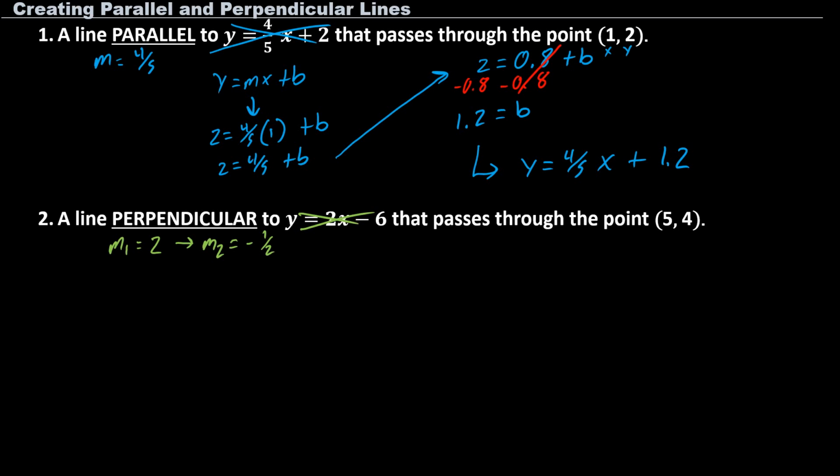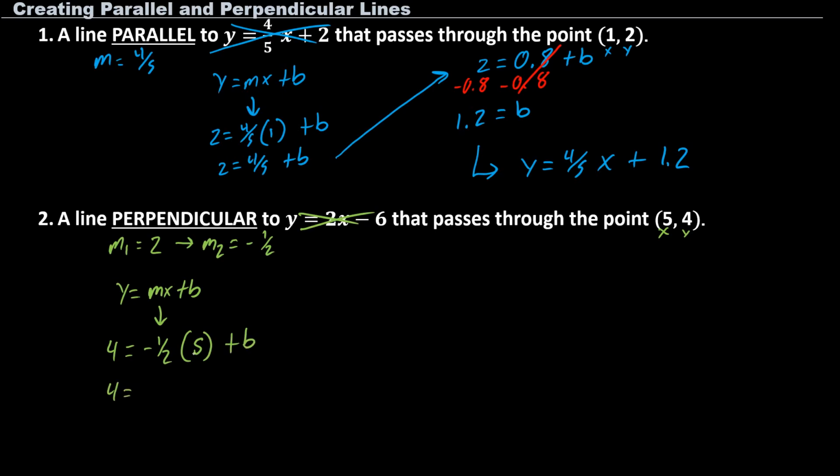Throw the rest of it away. y is equal to mx plus b. Now we're going to plug in my slope of negative 1/2 and my x and my y value that I get from this coordinate. So 4 is equal to negative 1/2 times 5 plus b.